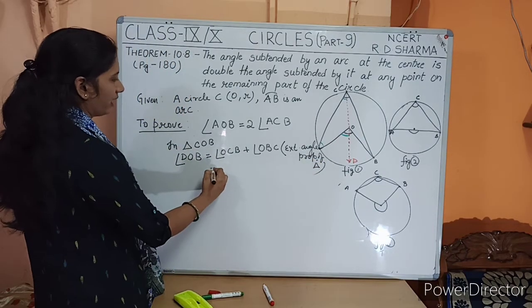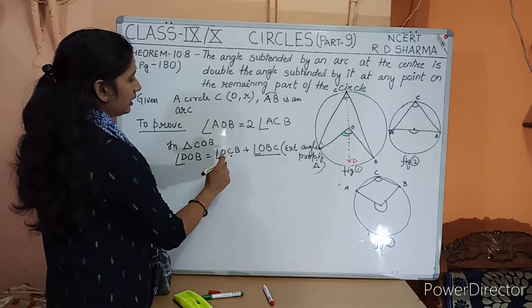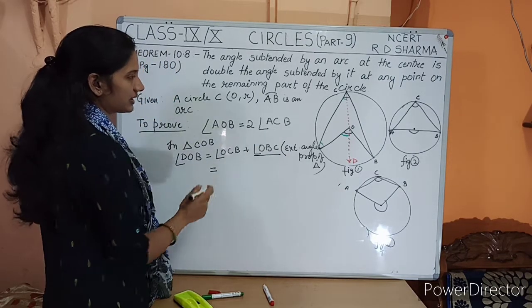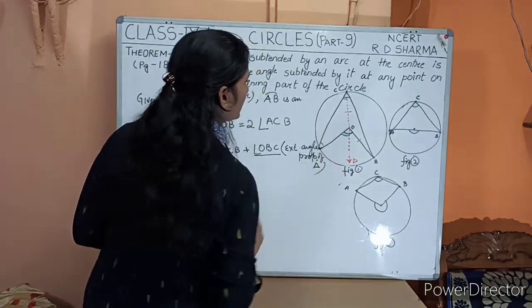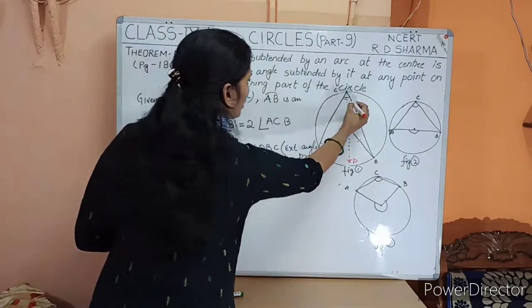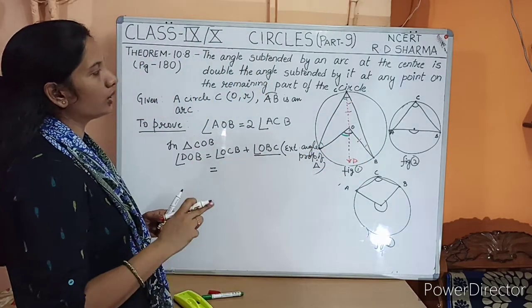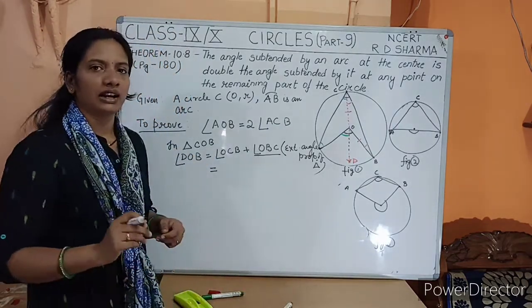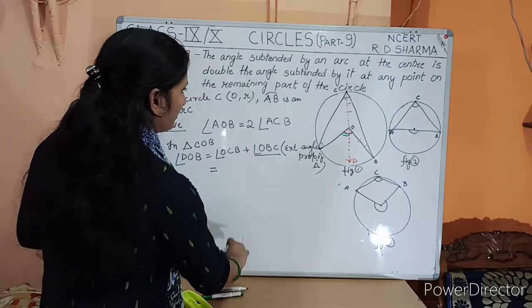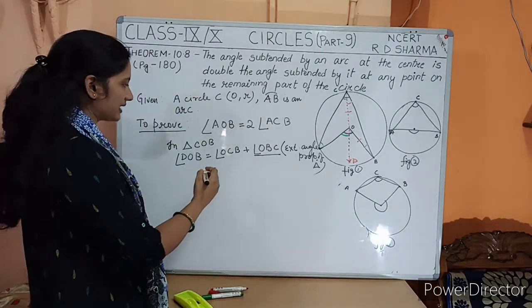So now we will replace this angle OBC with OCB. Why? Because you can see here again OB and OC are the radius. So this angle must be equal to this angle because the triangle OBC is an isosceles triangle, and we know that in an isosceles triangle the base angles are equal because the two sides are equal.